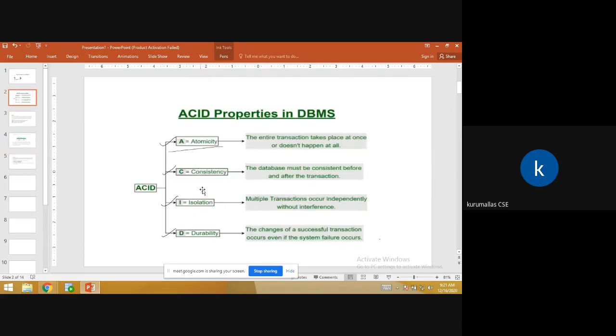So next, isolation. Isolation means multiple transactions occur independently without interference, right? The transaction provides isolation from other transactions. In other words, multiple simultaneous transactions are going on in the database.